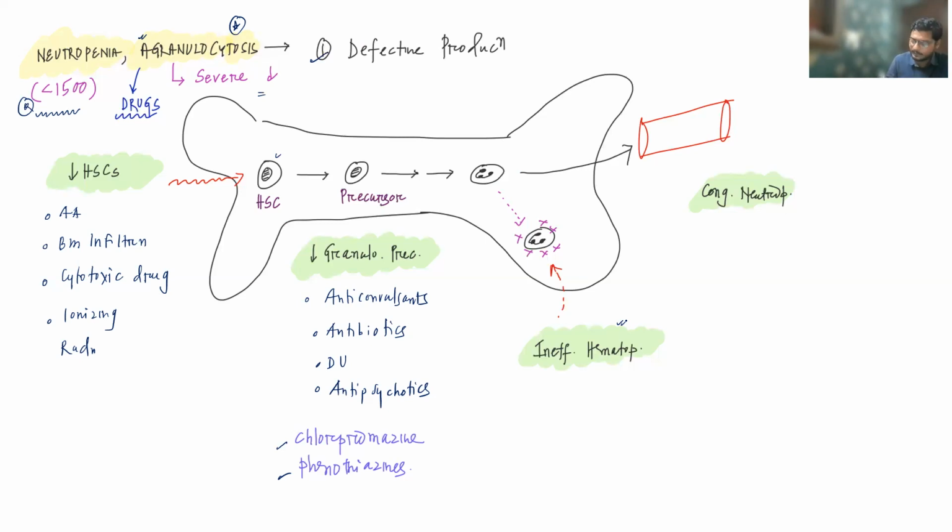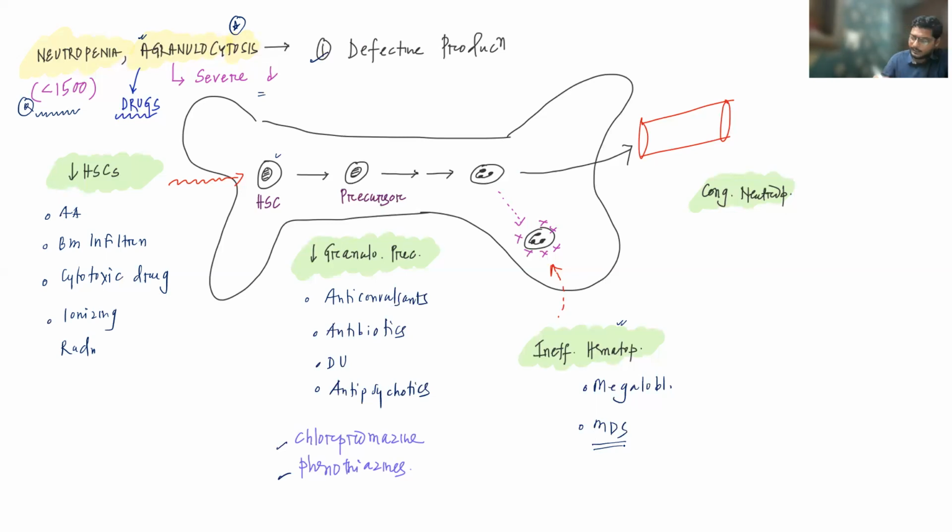This can happen in patients with megaloblastic anemia, and it can also happen in patients with myelodysplastic syndrome, which we'll discuss in a separate lecture. In these patients, because of some kind of abnormalities in the neutrophils, they get destroyed inside the bone marrow itself.